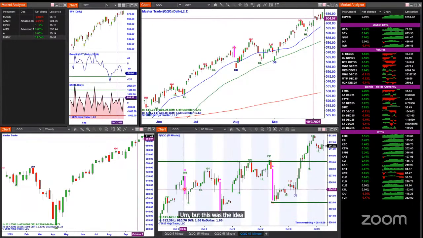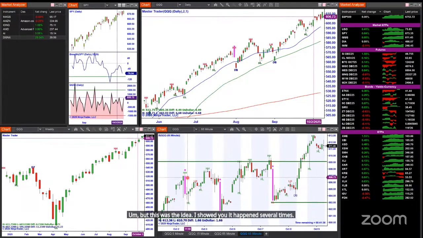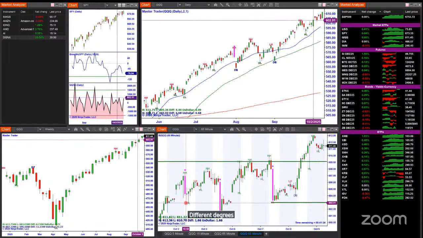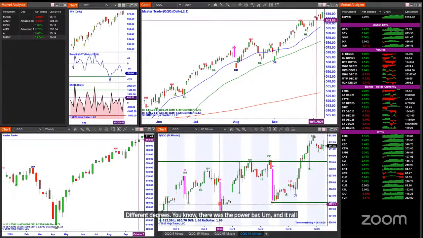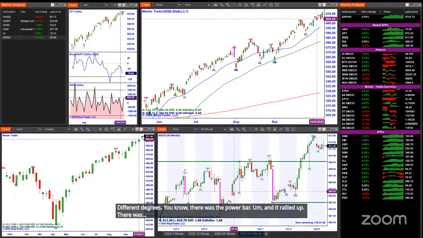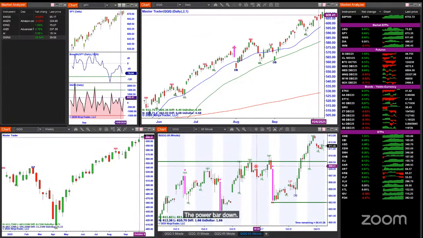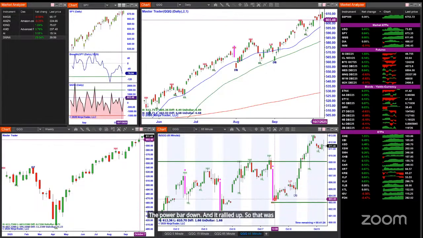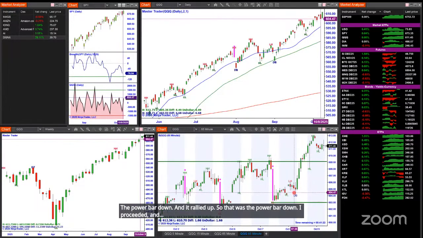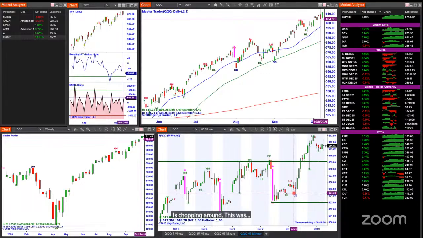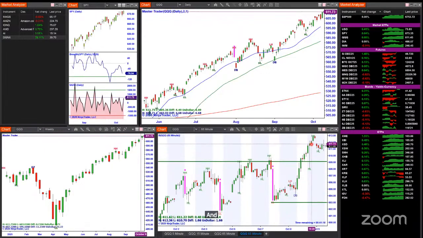It showed you it happened several times, different degrees. There was the power bar, and it rallied up. There was the power bar down, and it rallied up. And so that was the power bar down. It proceeded and this chopping around. This was the superior setup, but of course, it just rallied.